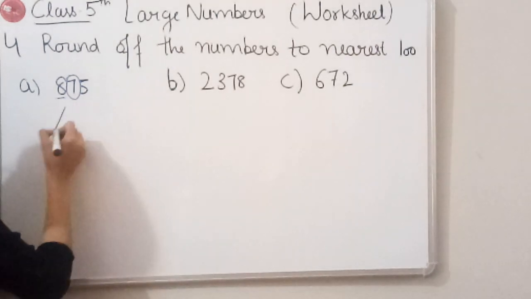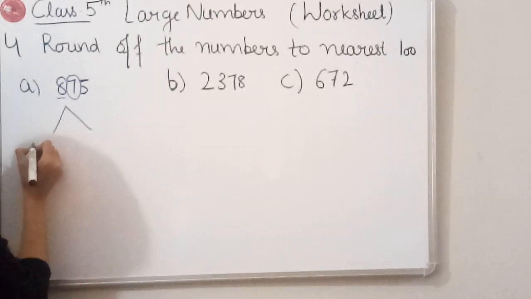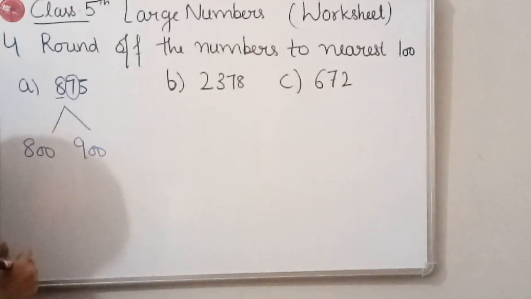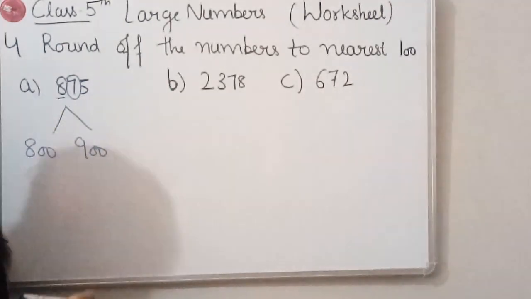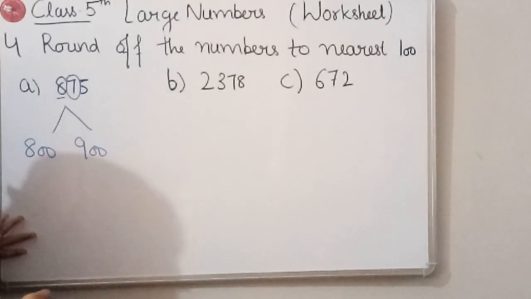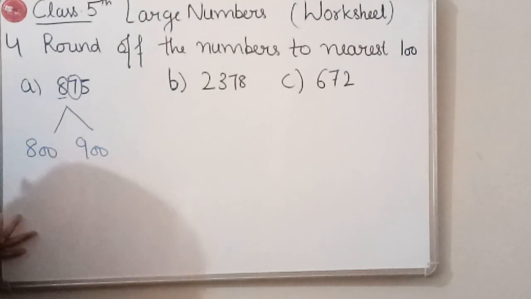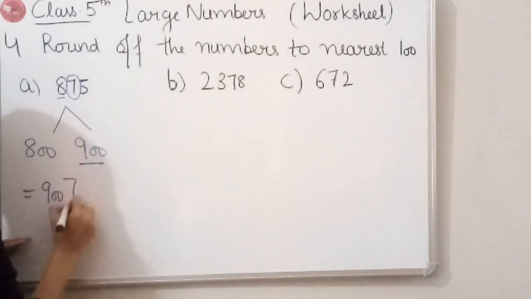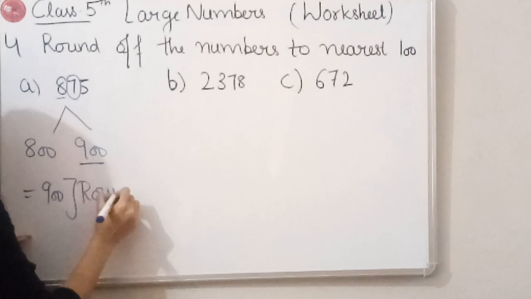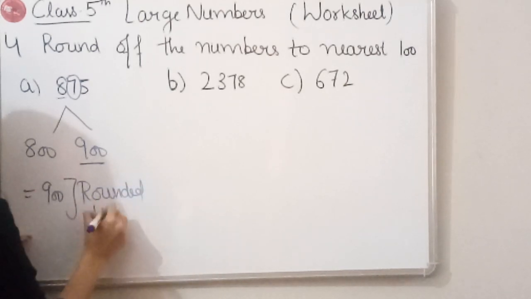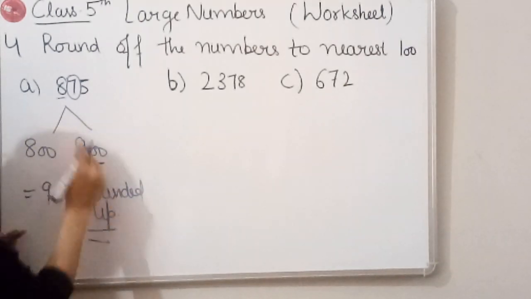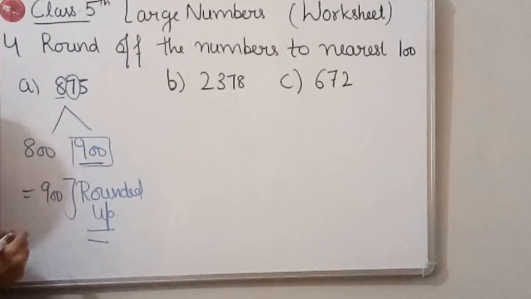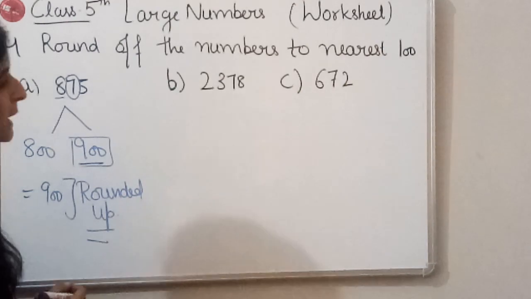Now we should know where this 875 lies. It lies in between 800 and 900. Now we have to compare this 7 with 5. This 7 is greater than 5, so it will be rounded up. Rounded up means this will be rounded off to 900.